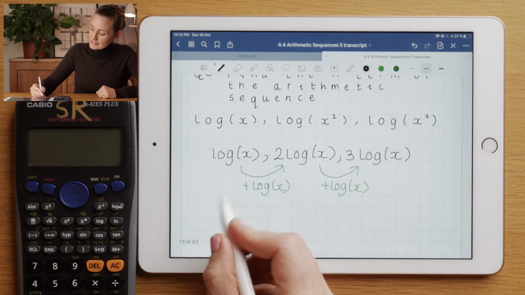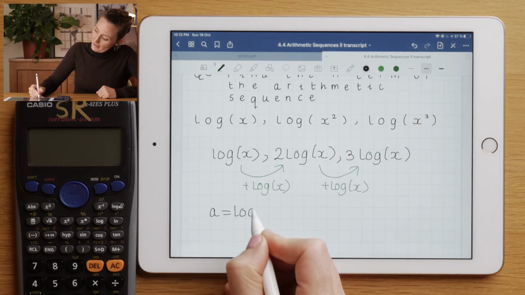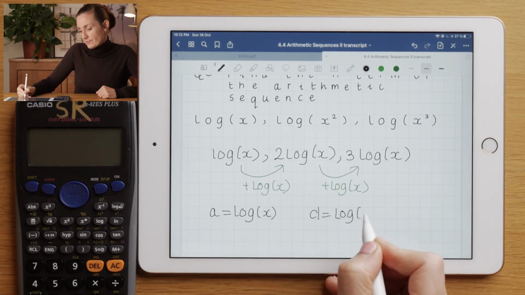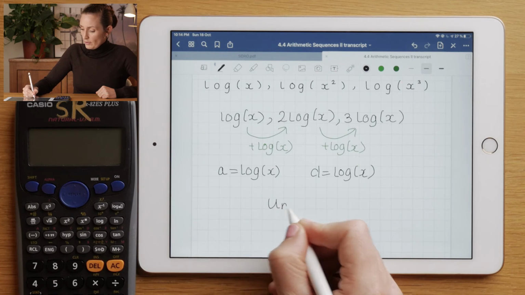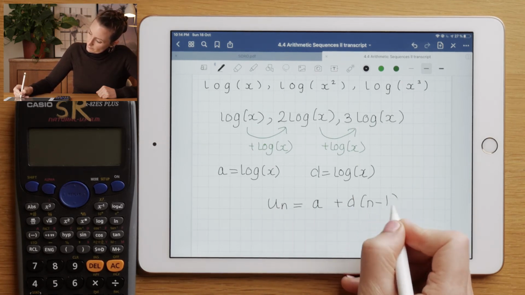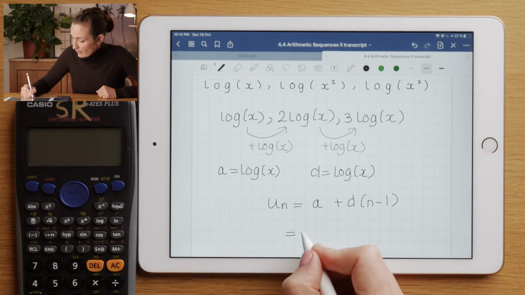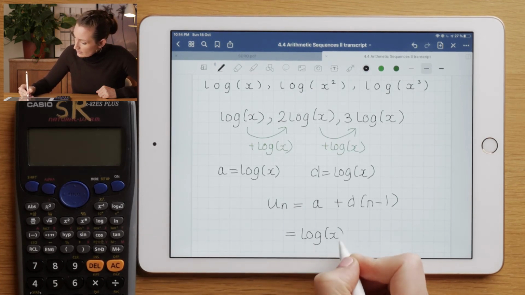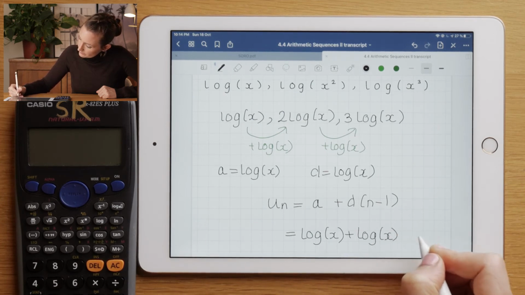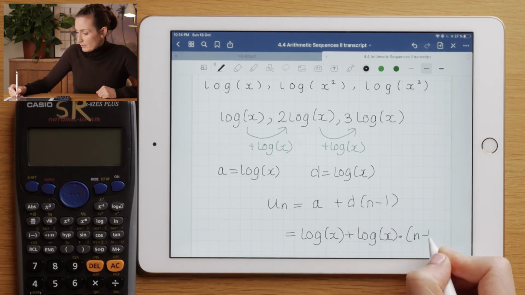So in this case, our A would be log x, but D would also be log x. So now you'd write your formula down. You'd substitute in A for log x. D is also log x, times n minus 1.